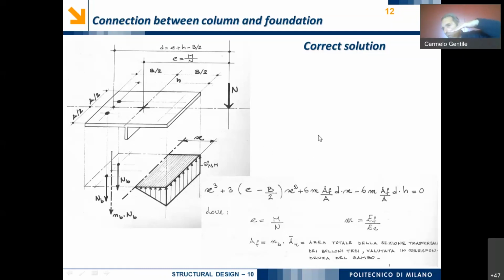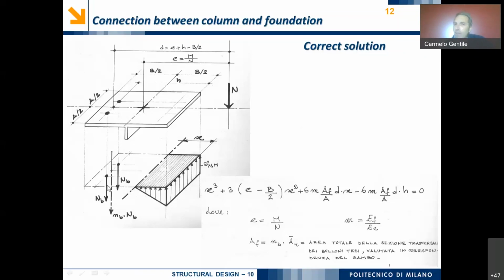The plate is rotating, remaining plane, so the vertical deflection is 0 along this axis, but it increases when we move from this axis across until the border of the plate. And since we have an increasing deflection, I will also have a linearly increasing contact stress.